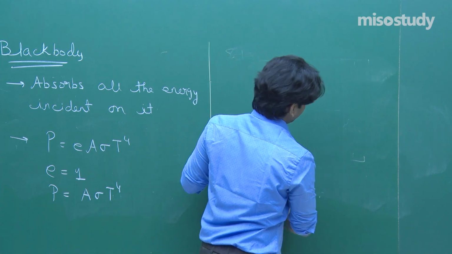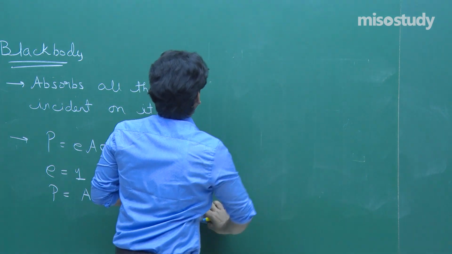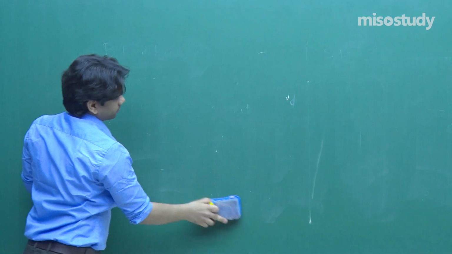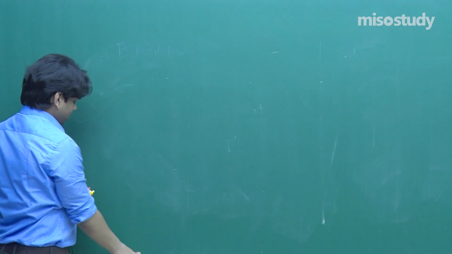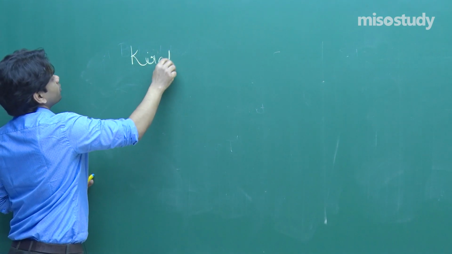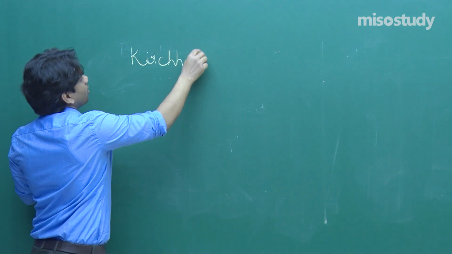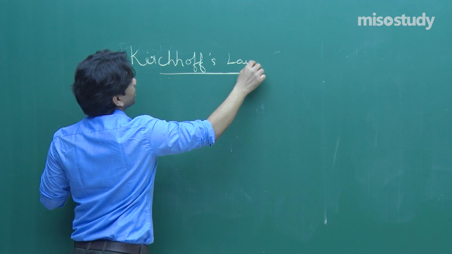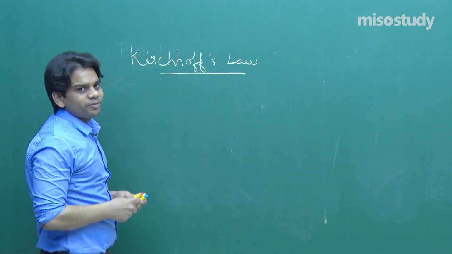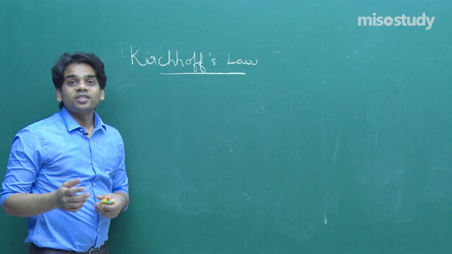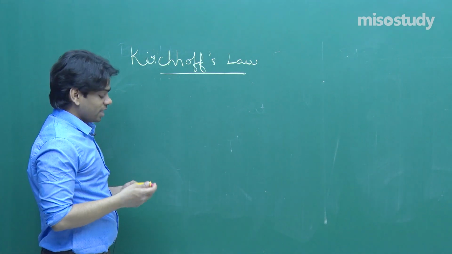Next thing, let's go ahead and understand Kirchhoff's law. Very simple law. Now in the chapter of radiation, what is Kirchhoff's law? Don't confuse it with Kirchhoff's law of electric current or Kirchhoff's law used in the concept of capacitance, which we'll be seeing later on.